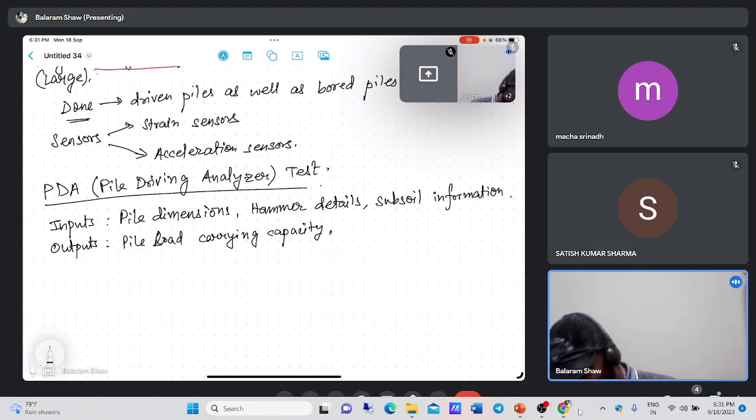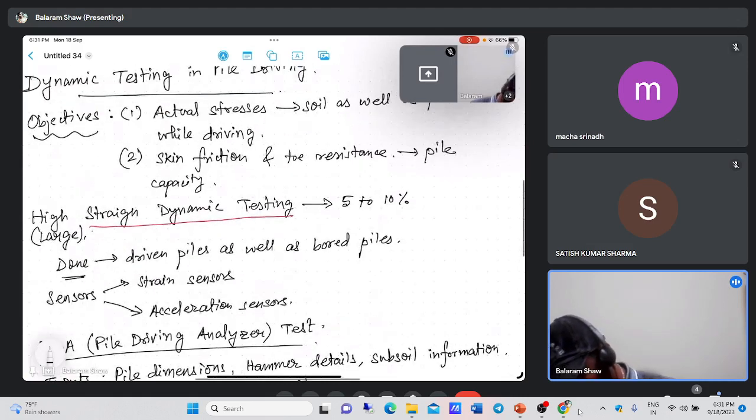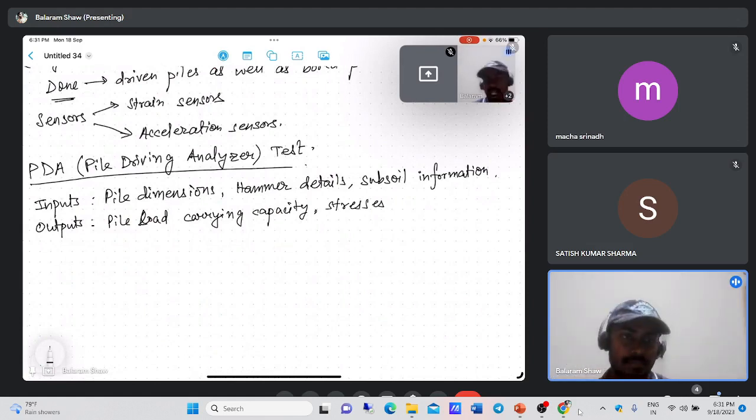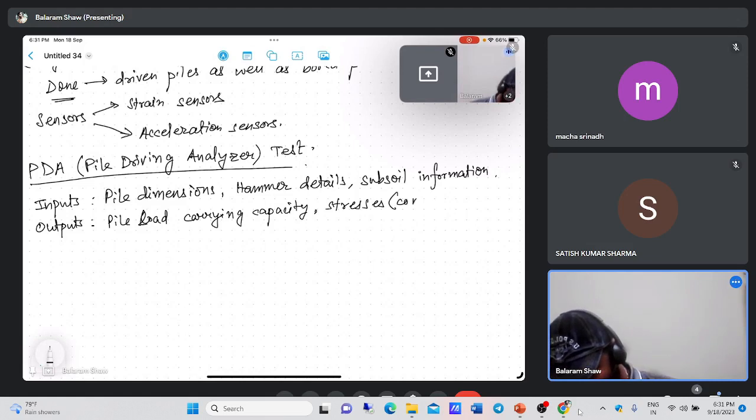Then, as I said, here also actual stresses. The stresses that are developing in the pile while we are driving, it can be compression or tension.